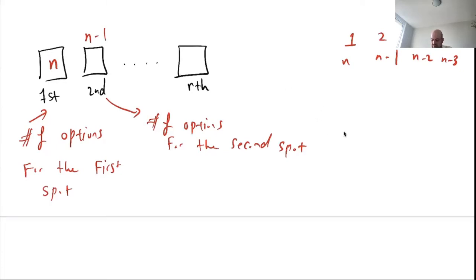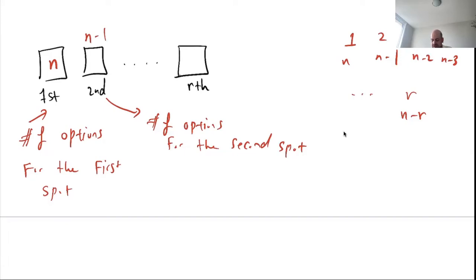So if we continue this way, for the Rth position, well, some people say N minus R, but obviously it's not N minus R, because if it was N minus R, for the second spot I should have had N minus 2, right? But it's not N minus 2, it's N minus 1. For 3 it's N minus 2, not N minus 3, right? So for 2, in other words, it's N minus 2 plus 1, which is N minus 1. For 3 it's N minus 3 plus 1, which is N minus 2. For 4 it's N minus 4 plus 1, which is N minus 3, and so on.